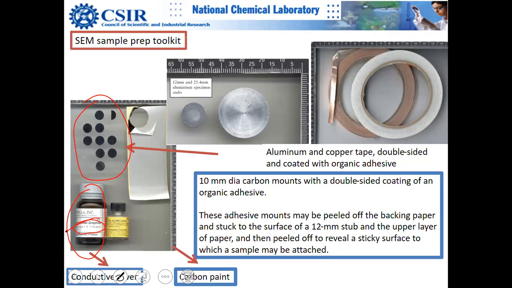They sell it very expensively. I purchased a small bottle from a Japanese company for 10,000 rupees, I think. Sometimes many companies give it to me for free for testing purposes.